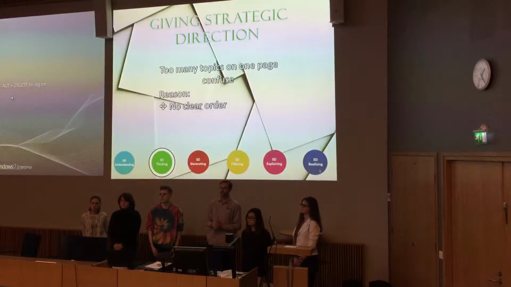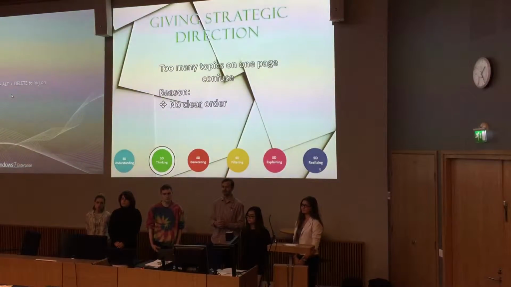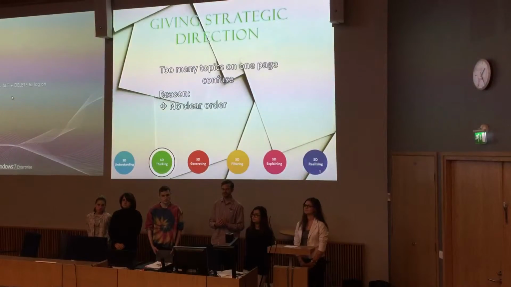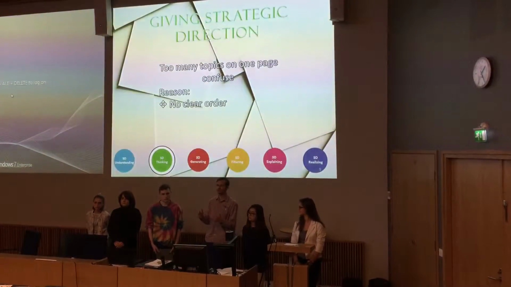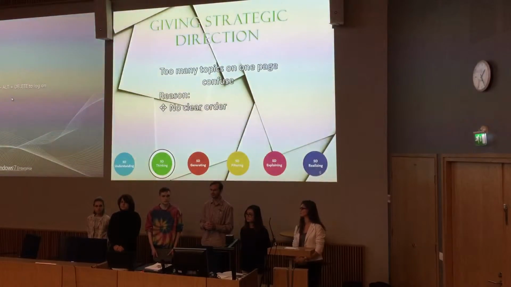And the last problem is that in some cases there are too many topics on one page, which is quite confusing. Also here I would like to mention an example. For example, if you want to see the menu of the canteens for the next day, I only found it out some days ago because it's really difficult to find.